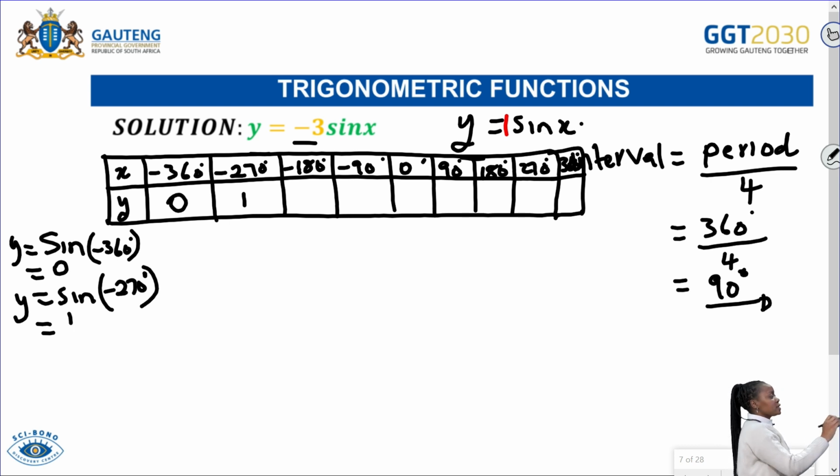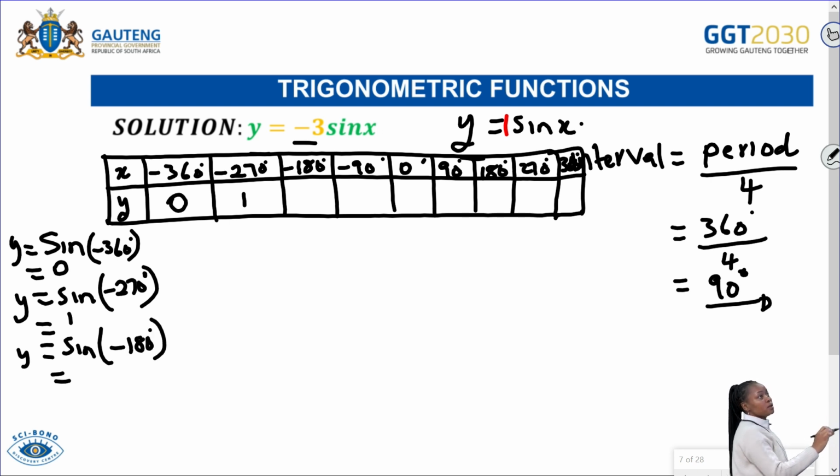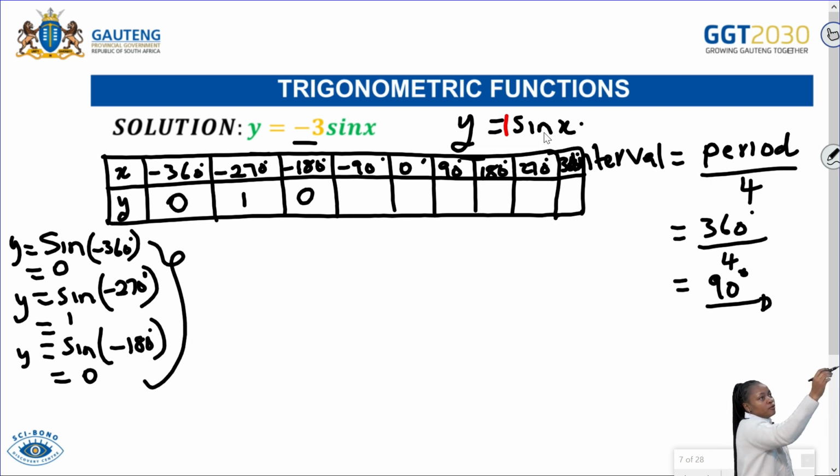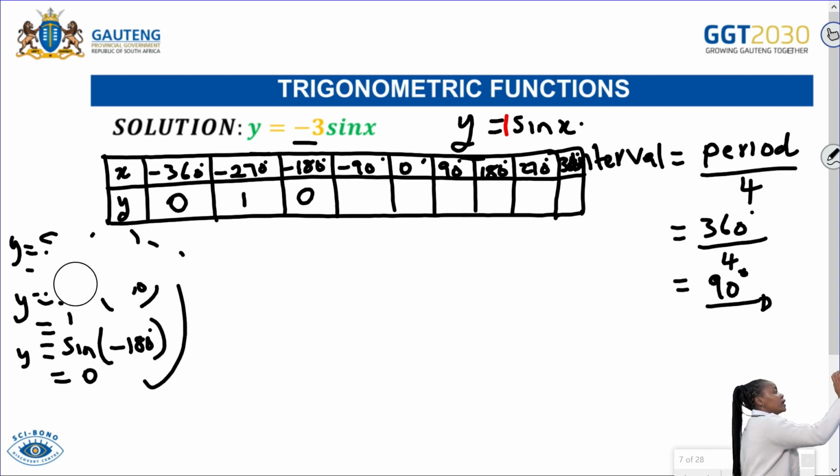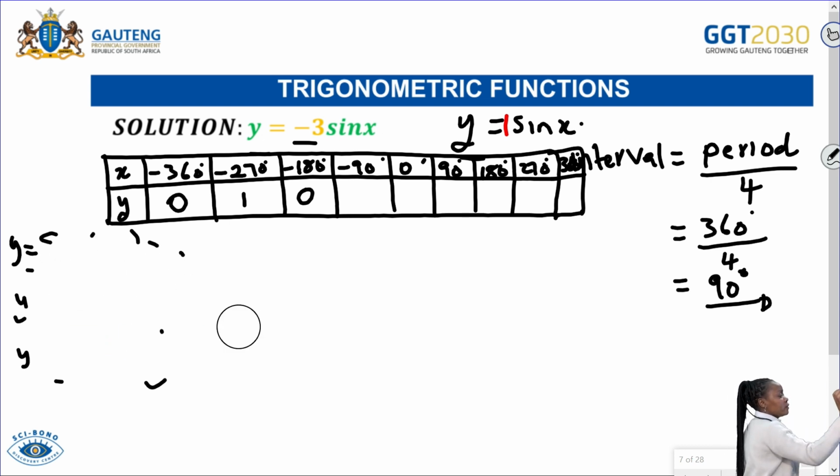And then you'll say y is equal to sine negative 180 degrees, and you will get your 0. You'll just keep on doing this for all those values of x until you get all the corresponding values of y.